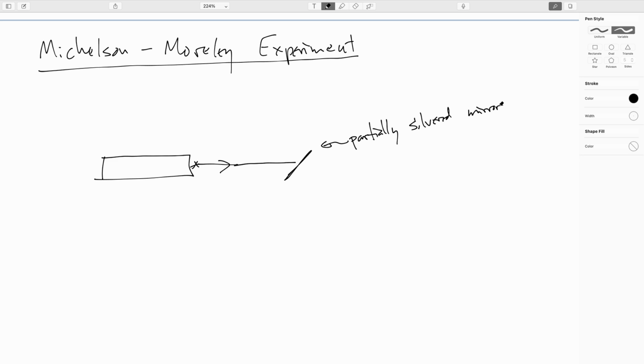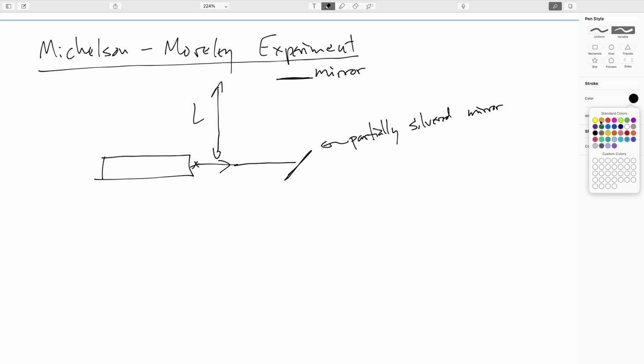So some light will bounce off and some will pass through. Then some distance L above this beam axis here, you have a fully silvered mirror right here.